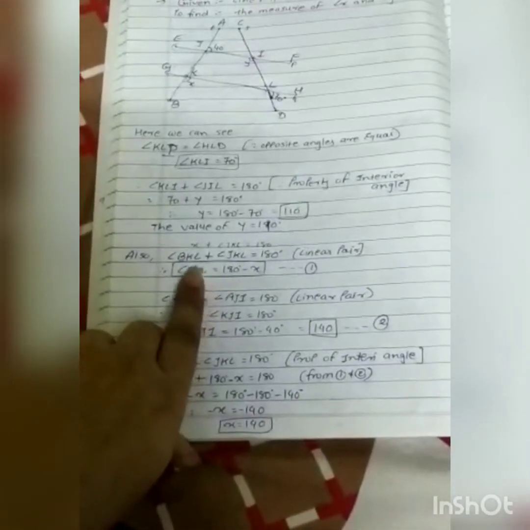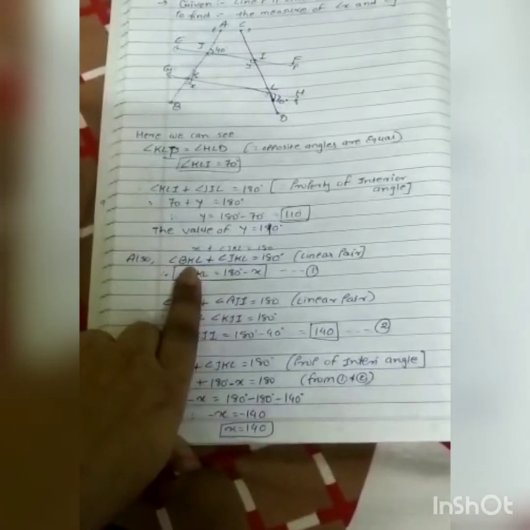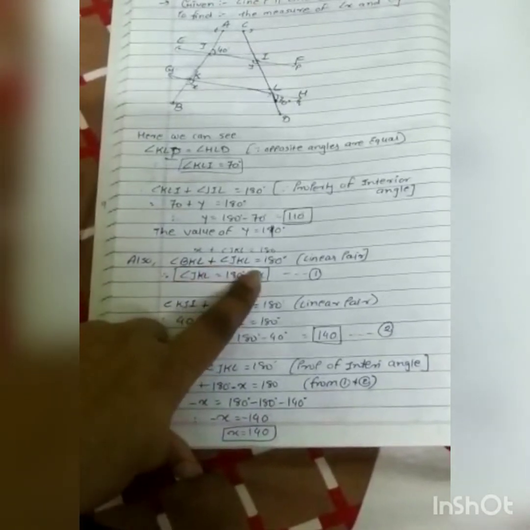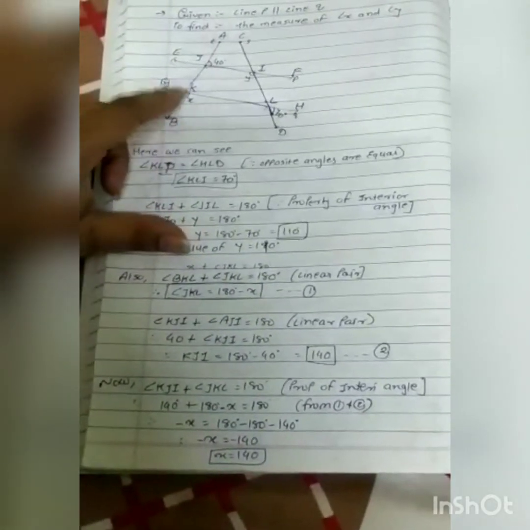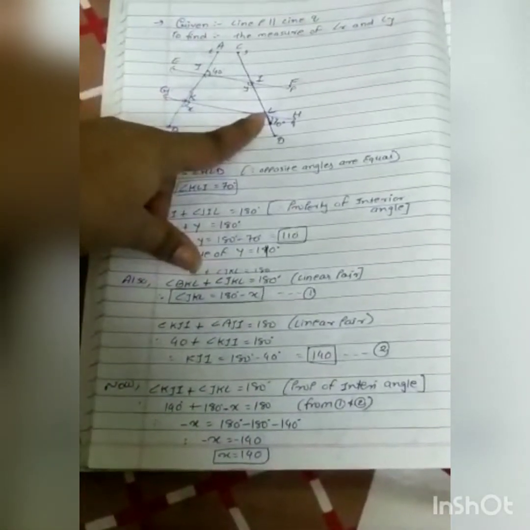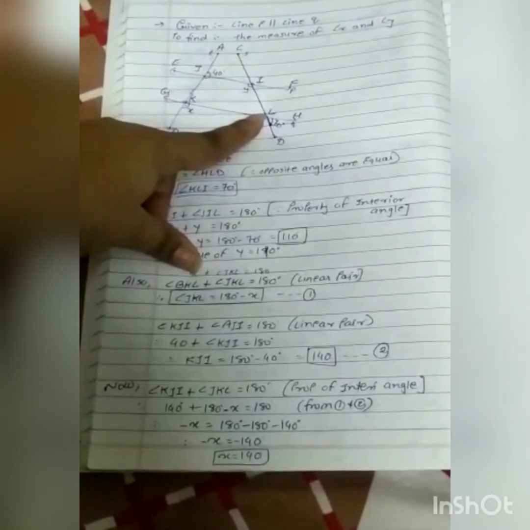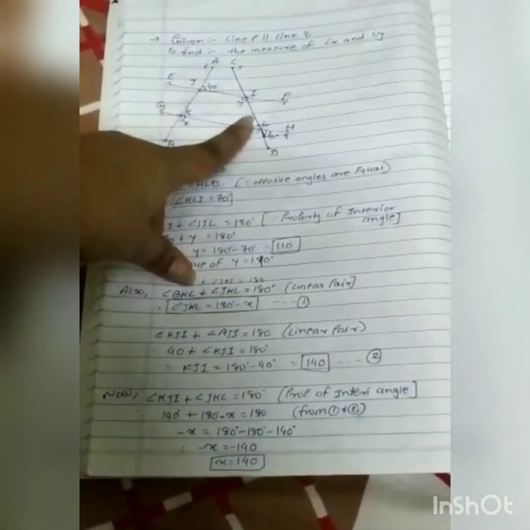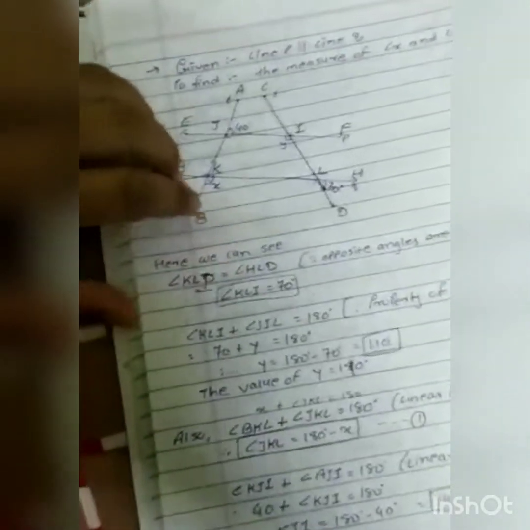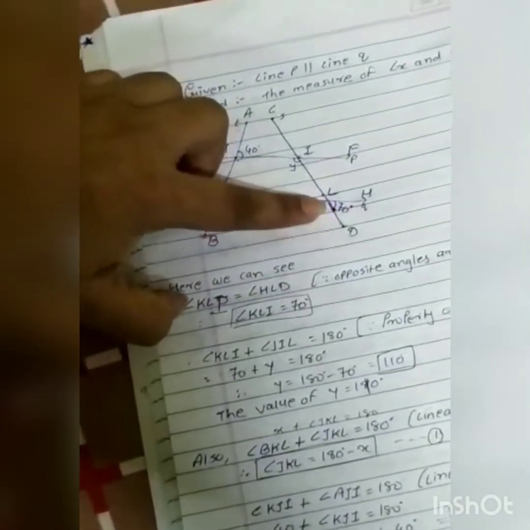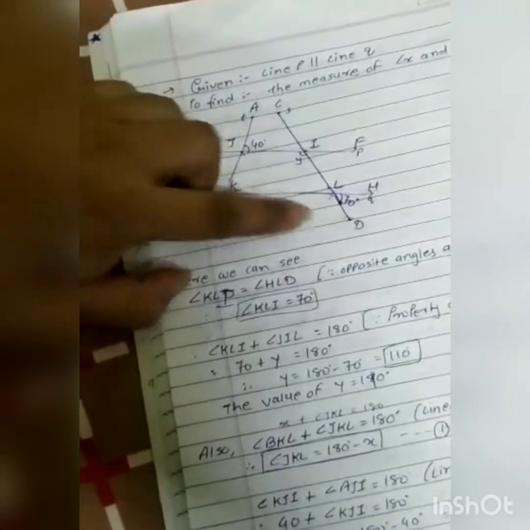Now see, angle BKL plus JKL is equal to 180. You see, where is B? BKL plus JKL. It becomes a linear pair. Linear pair you all have learned in class 7, that is, there is a common line between the two angles.